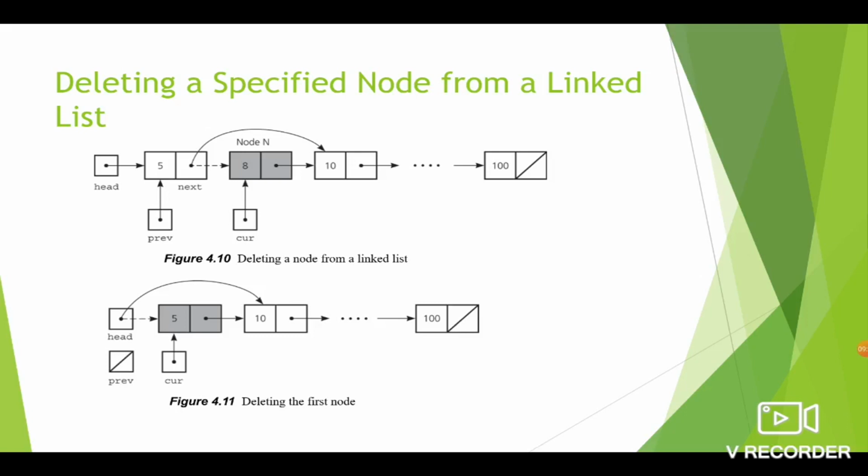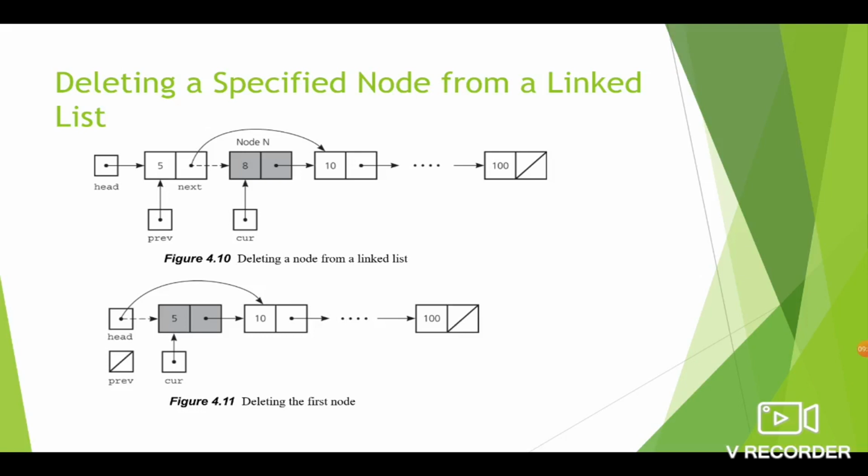If I have deleted the element at the specified location, for example, consider the node 8 is deleted. Current node specifies the node which is going to be deleted. After deletion, the previous node next pointer points to the current node next, and you can delete the current pointer.